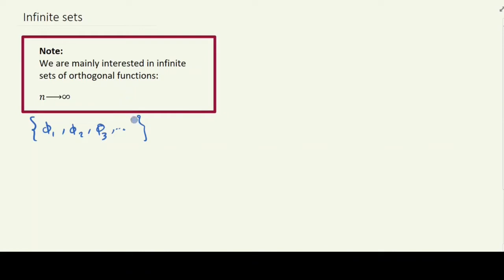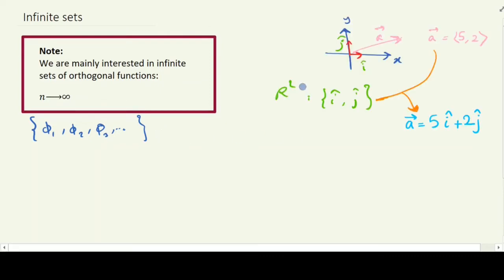To answer that question, we can resort to the analogy between vectors and functions. So let's consider a two-dimensional space. We can visualize that using this coordinate plane with the x and y axis, and we know that we can have a basis for this two-dimensional space using the orthogonal vectors i and j, and any other arbitrary vector that you can imagine in this two-dimensional space can be generated using a linear combination of these members of the basis i and j.